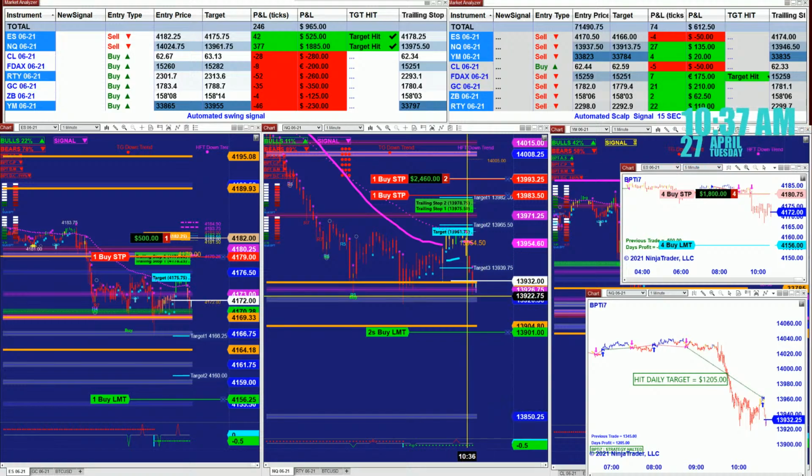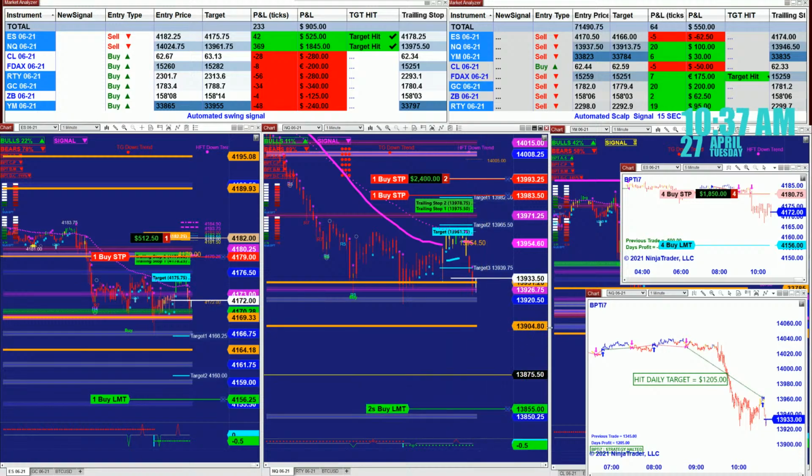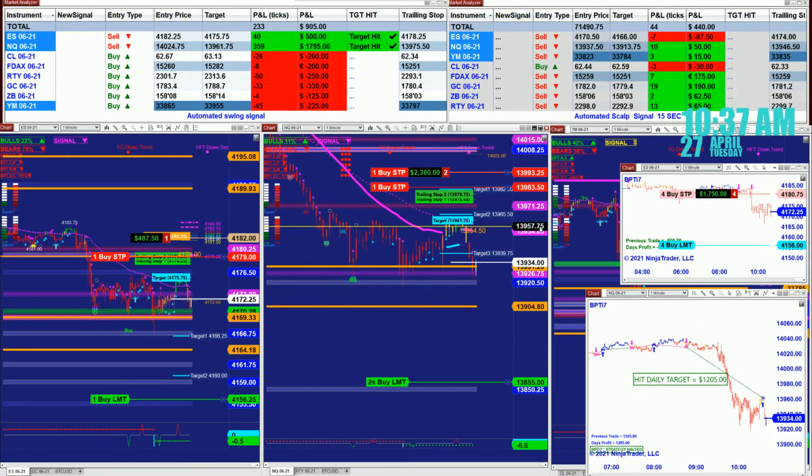Okay, we have a double support area here. Once we break it, it could be all the way down here to 138.55. Yes, we're set.